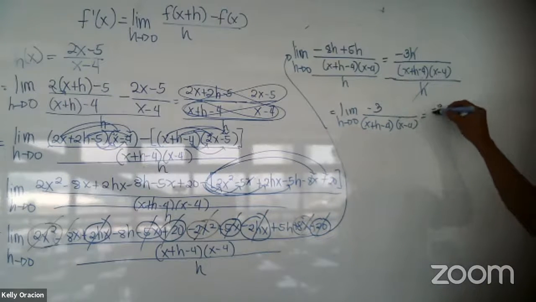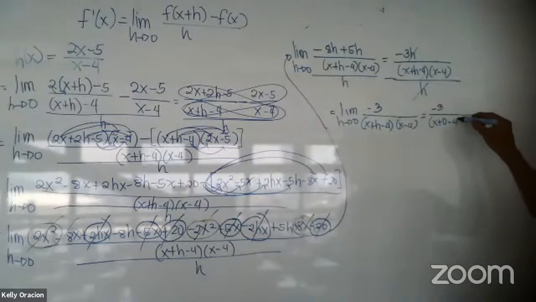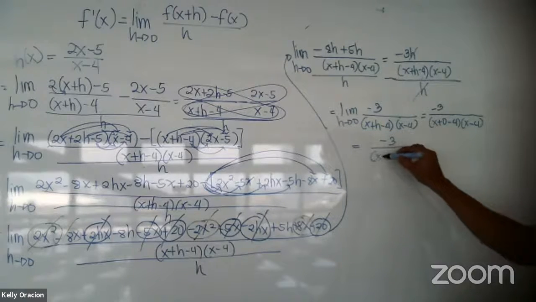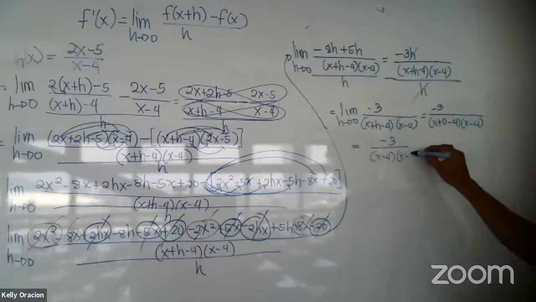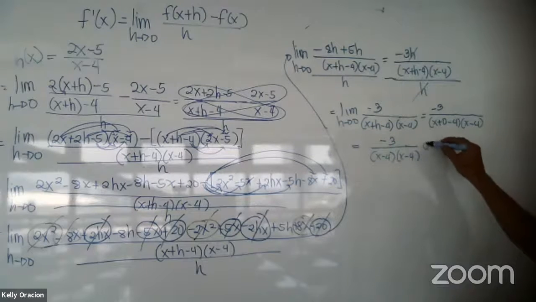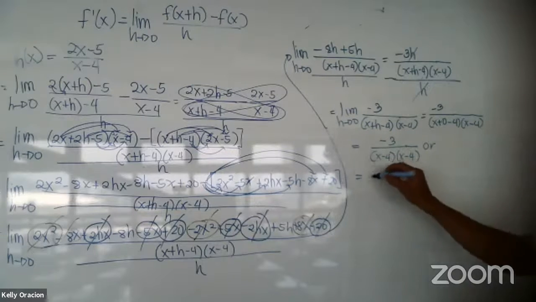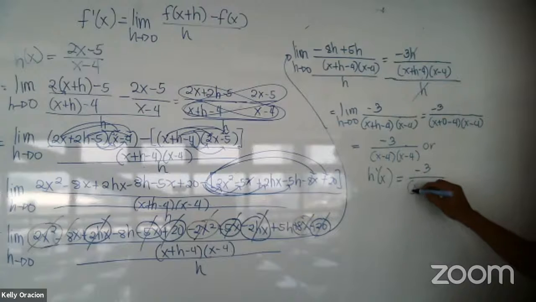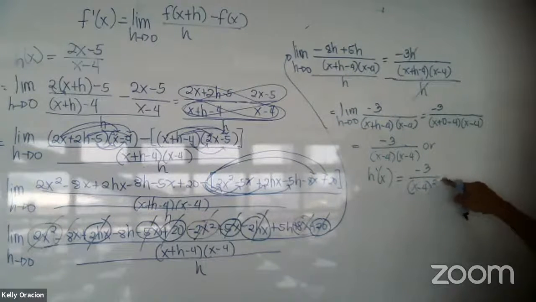So negative 3 over x plus 0 minus 4, x minus 4. And you will have negative 3 over x minus 4, x minus 4. The final answer is h prime of x equals negative 3 over x minus 4 squared.